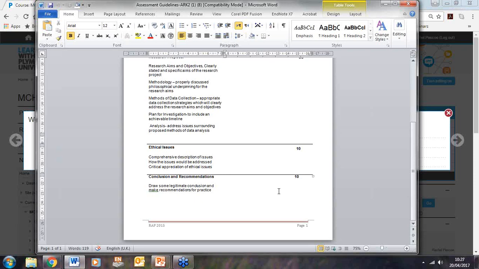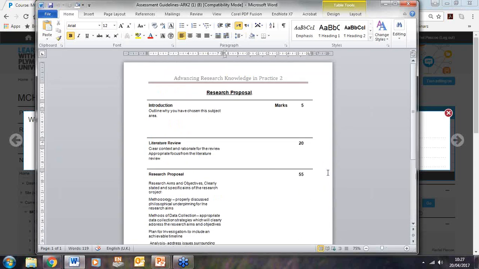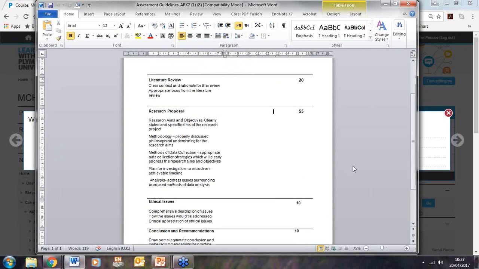Where does it sit? And this is where you might be referring back to your initial introduction and certainly your literature review, saying this is why this piece of work is required. Okay, so briefly, that's an outline of your research proposal and how the marks are allocated and, in basic terms, what we're looking for.